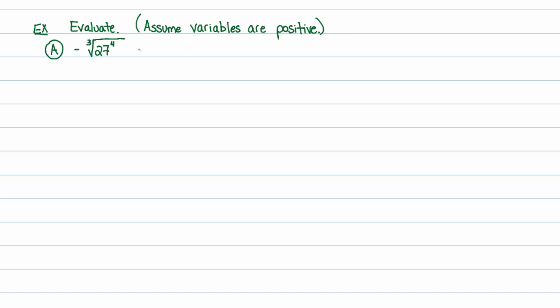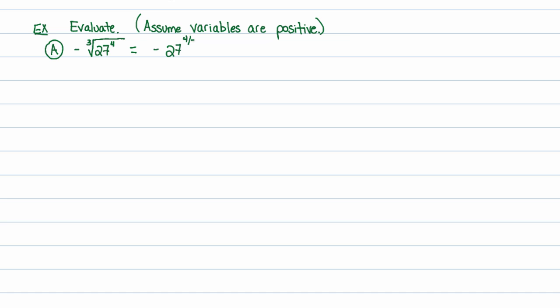So if you see this, a negative cube root of 27 to the 4th, a lot of students will actually take 27 and raise it to the 4th power, which is ridiculous. You get some huge number. So I want you to remember that this is the same thing as saying negative 27 to the 4/3 power, right?